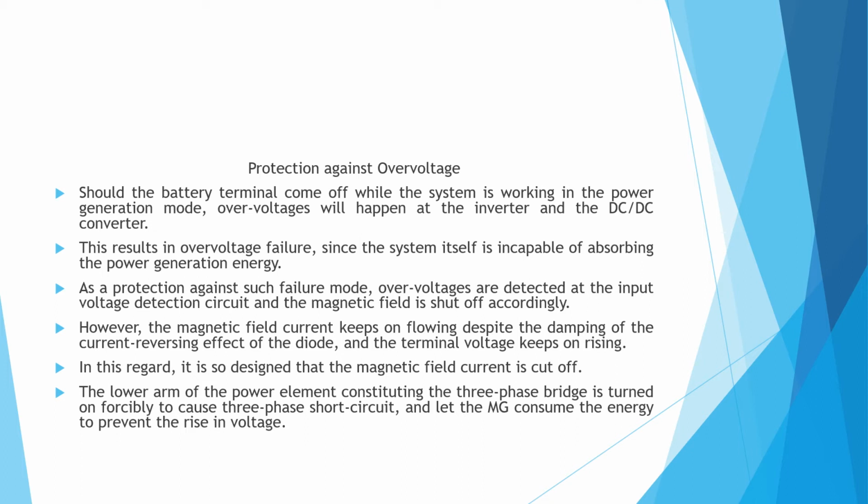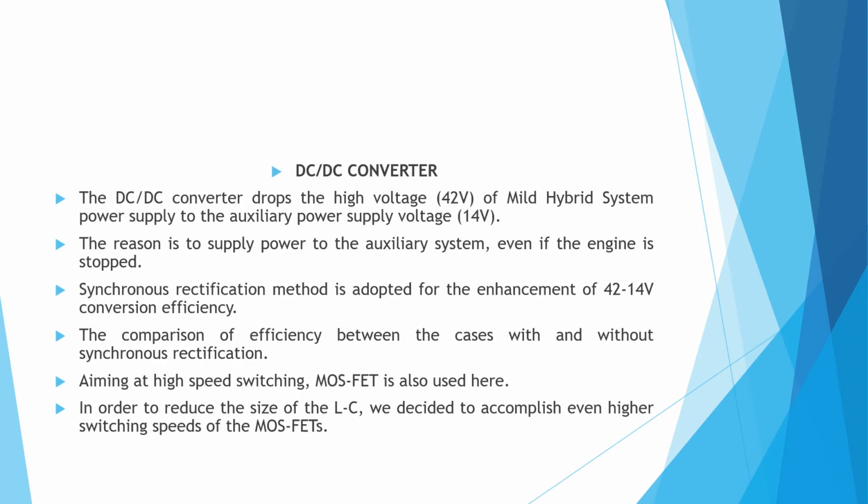In this regard, it is so designed that the magnetic field current is cut off. The lower arm of the power element constituting the three-phase bridge is turned on forcibly to cause three-phase short circuit and let the MG consume the energy to prevent the rise in voltage.